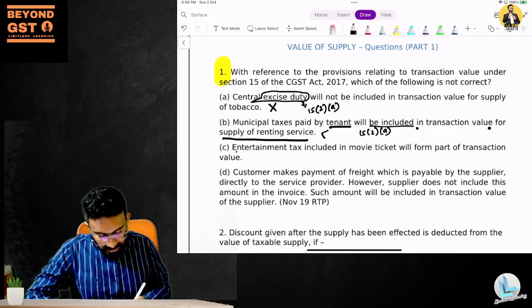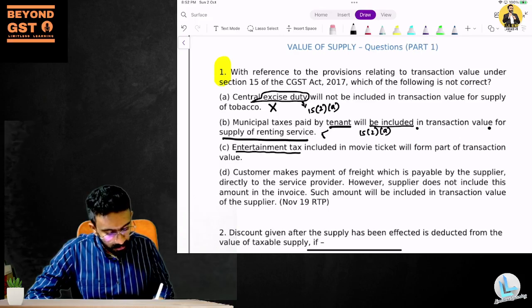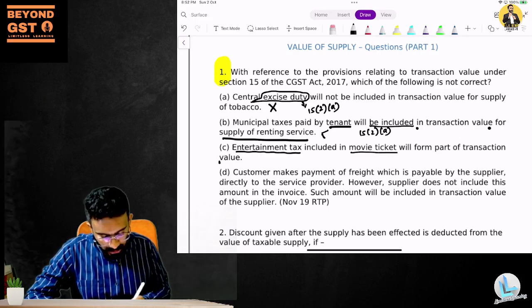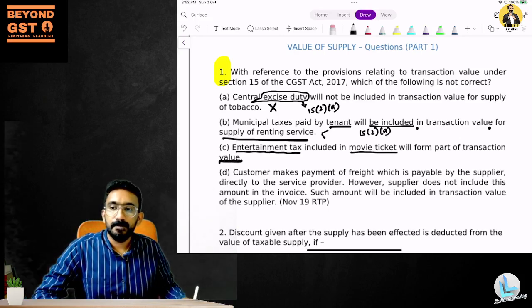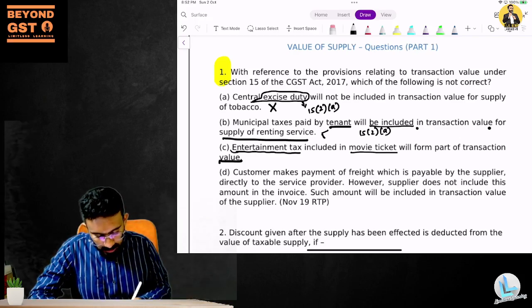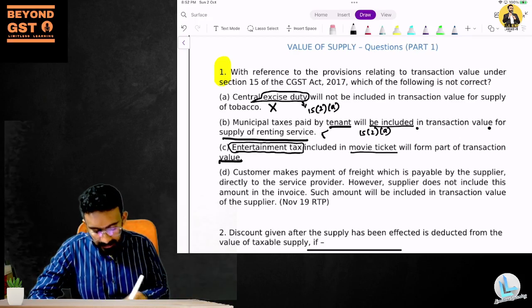Then entertainment taxes included in movie ticket will form part of transaction value. What is the speciality for entertainment taxes?